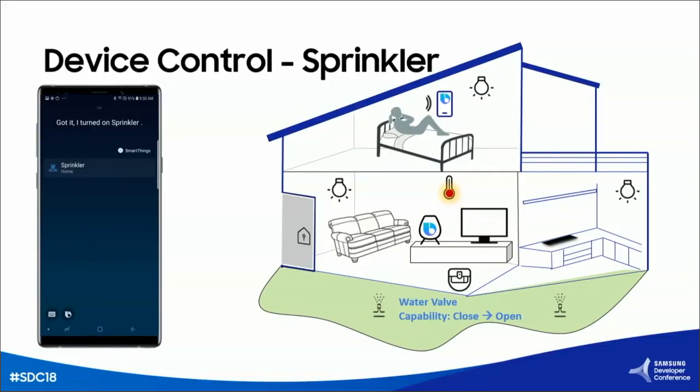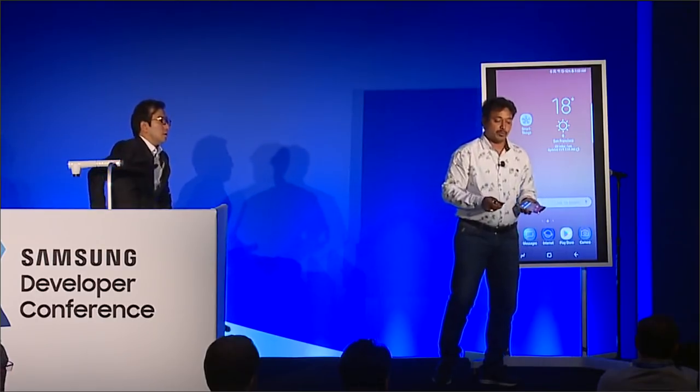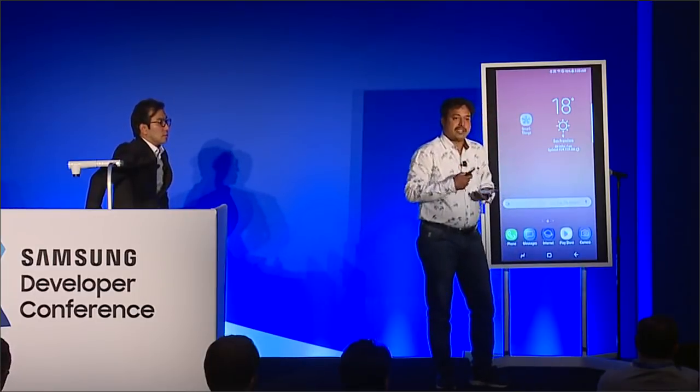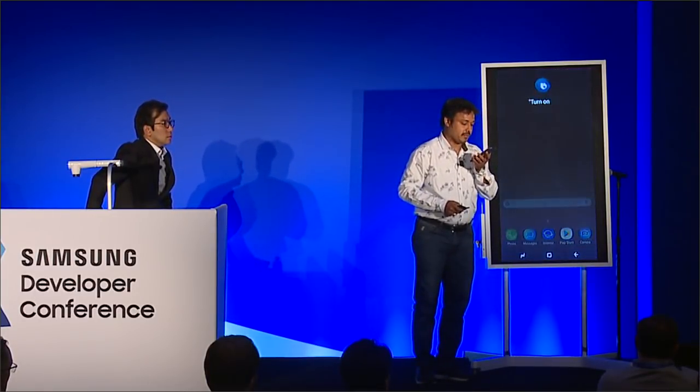Okay, similarly, when she comes down to the living room and relaxes on a couch, and if she wants to watch TV, and as I earlier mentioned, there is a Bixby-enabled Galaxy Home device in the living room. So she can simply say, turn on TV.